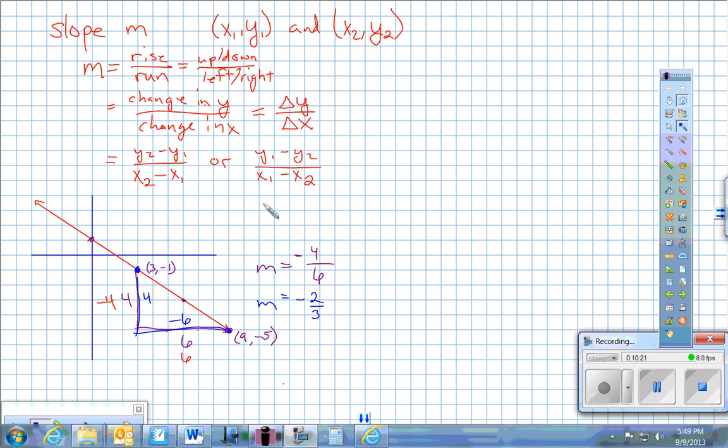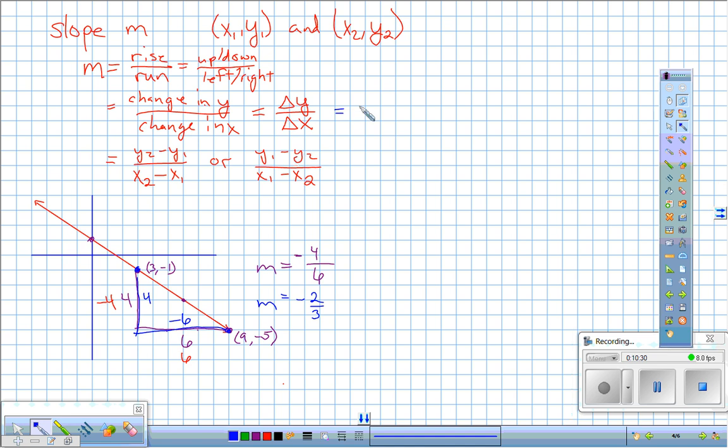Okay, and to see that in actual function notation, along with the y's, the change in y over change in x, they also tell you to use change in f of x instead of using change in y. It doesn't matter, it's all the same thing. So change in f of x over change in x. So what they do is they actually say, what is my function value at 3 minus my function value at 9 over 3 minus 9.